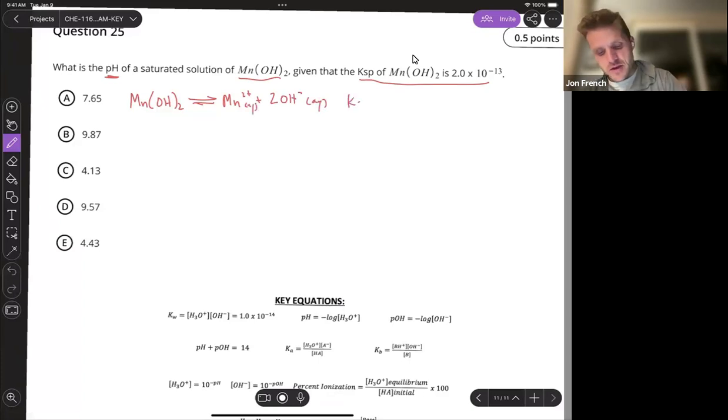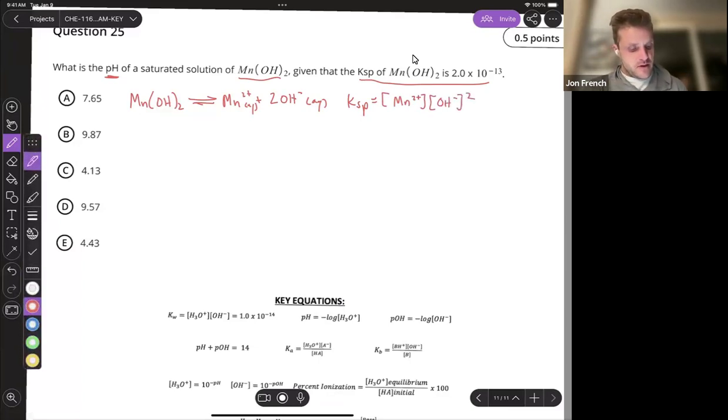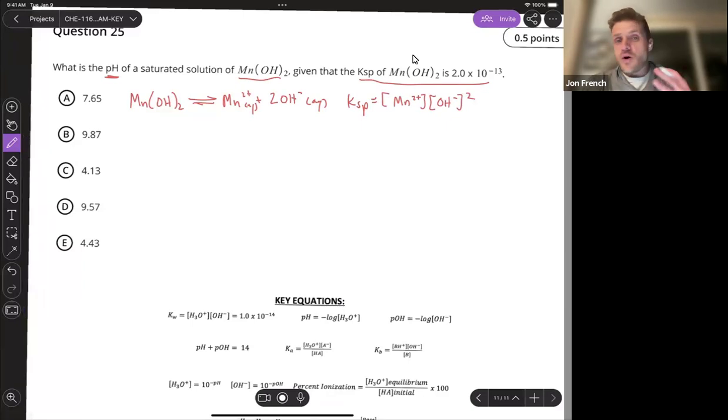And we know Ksp equals the concentration of manganese times the concentration of hydroxide squared. Now to set this up, right? So here we don't have any common ions. So here we have 2 unknowns, the manganese concentration and my hydroxide concentration.